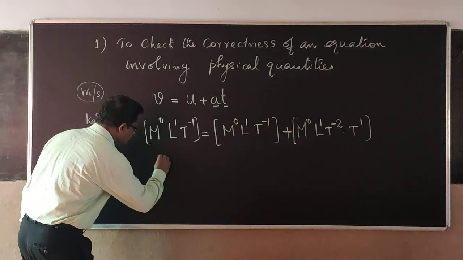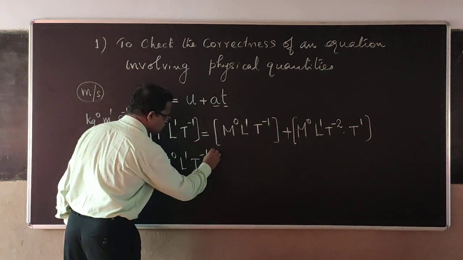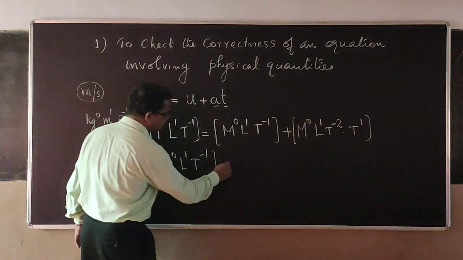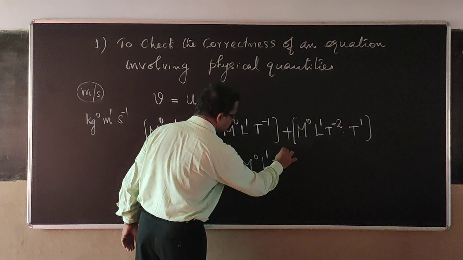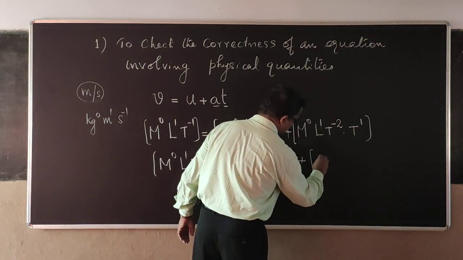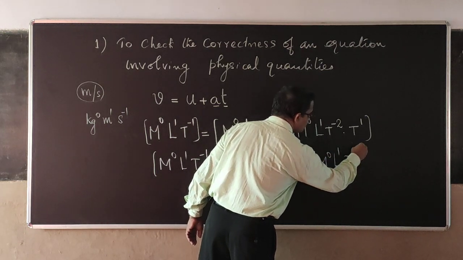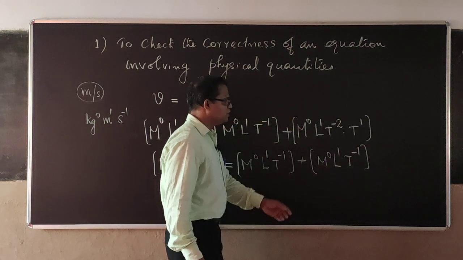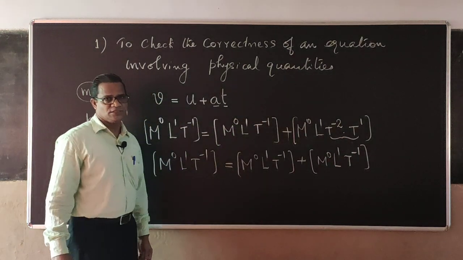So by solving, you are getting M^0 L^1 T^-1 on the left hand side equal to M^0 L^1 T^-1 plus M^0 L^1 T^-1. Because these two together make T^-1.